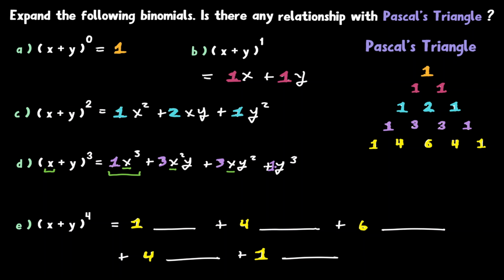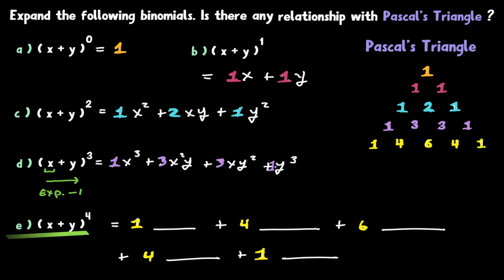In our first term, X was raised to the third. In the next term, X is raised to the second. And in the next term, X is raised to the first. And on the last one, X is actually raised to the 0. That's why we don't see it. So notice that as I keep moving to the right, the exponent decreases by 1.